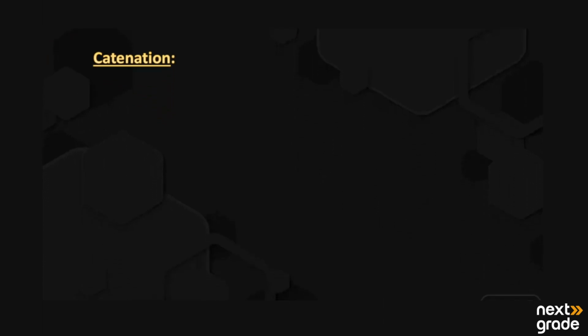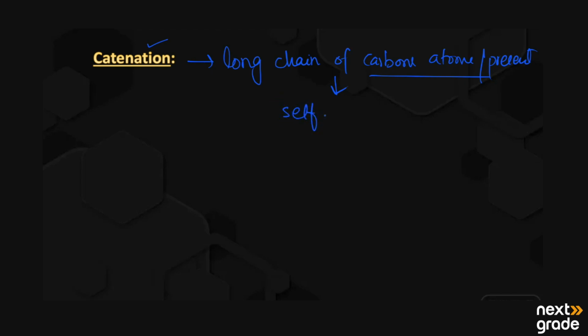In catenation, carbon can form long chains of carbon atoms, and these long chains are due to the property of catenation. What does catenation mean? Basically, catenation is the self-linking property of carbon atoms.